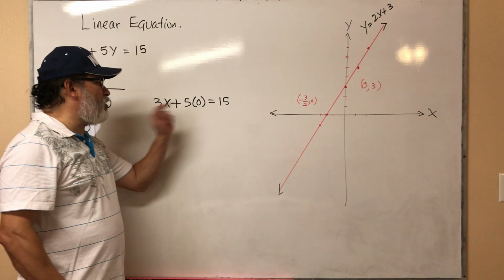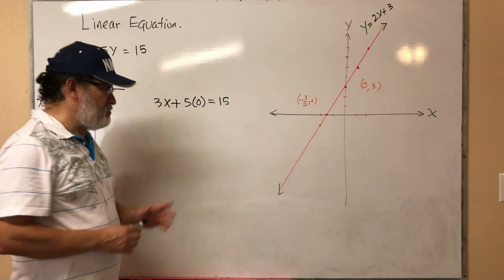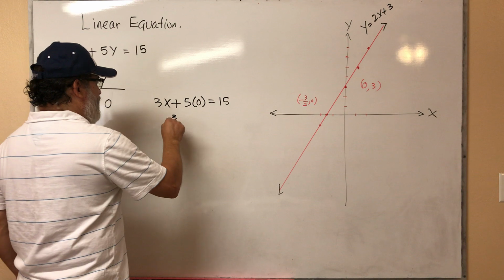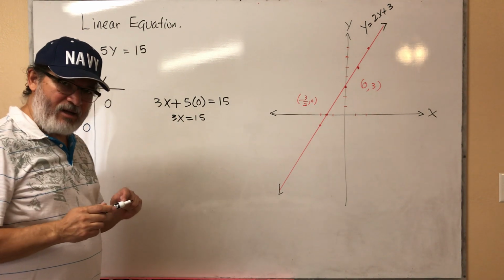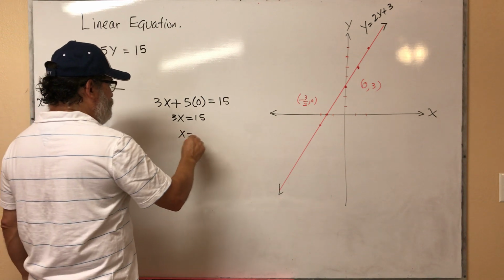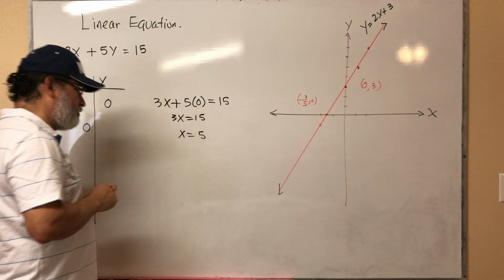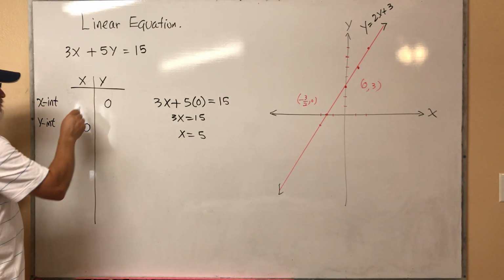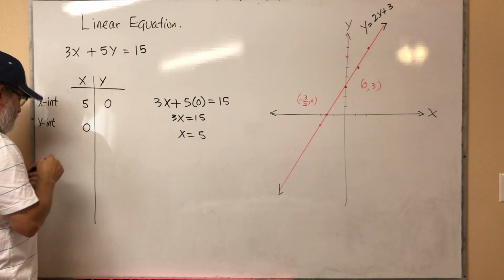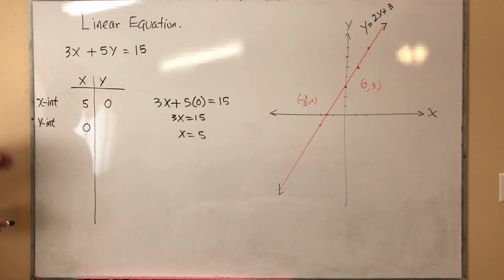What's 5 times 0? 0. So here, 3x equals 15. Divide both sides by 3. So x equals 5. So when y is 0, x is 5. That's going to be the x-intercept.